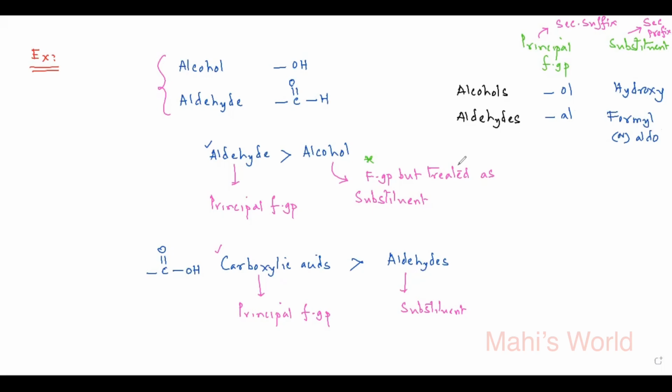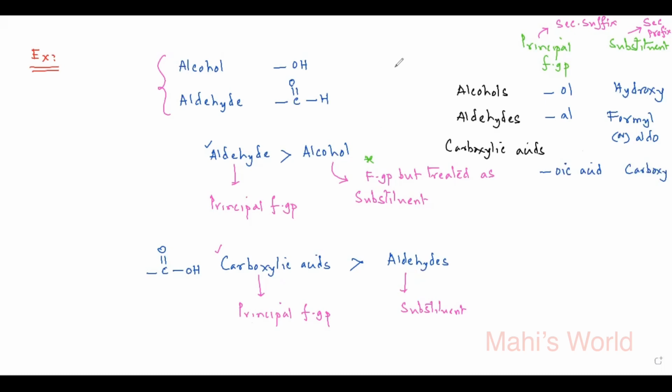Similarly, if you consider carboxylic acids, when treated as principal, we call them oic acid. And when treated as substituent, we call them carboxy.